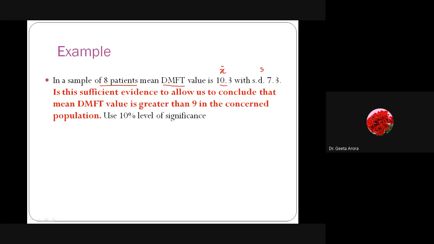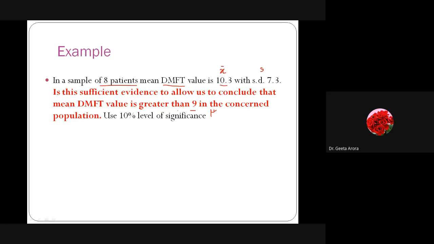We are looking at whether there is sufficient evidence to conclude that the mean DMFT value is greater than 9 in the concerned population. We are looking at the population mean as mu, and checking whether, from the sample we have, it is sufficient to conclude that the mean DMFT value is greater than 9.